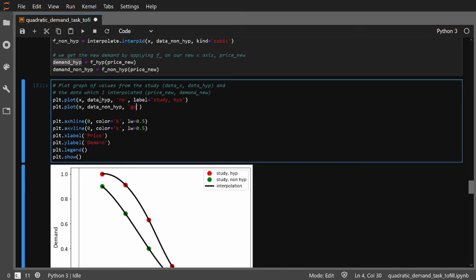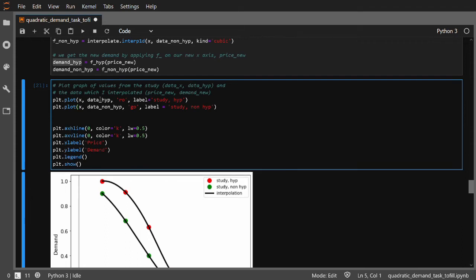We are going to use green markers, and the label will be study non-hypothetical. Next is to plot the interpolated data. So that's on the new x-axis, which had these 201 points.